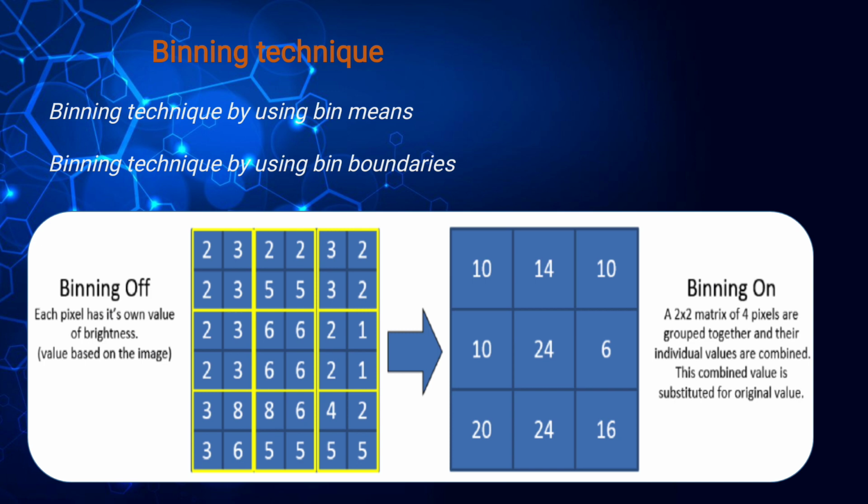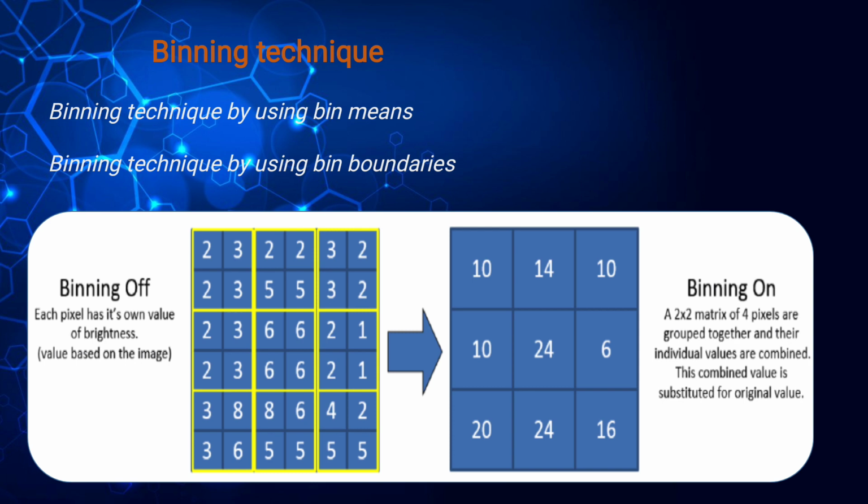For example, here we have taken a bin 2, 2, 3, 3. Here the total sum is 10, and we replace the data with the mean by calculating the mean.